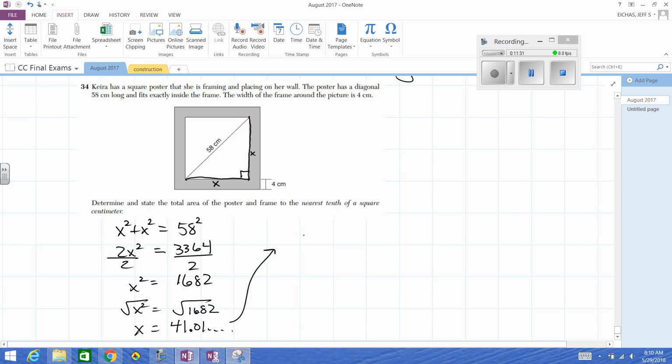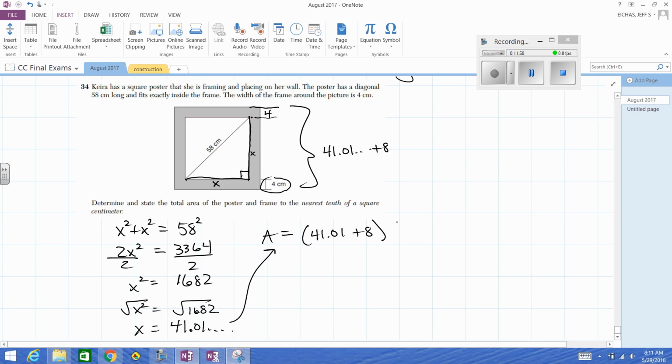Now, the frame. Here's a mistake that a lot of students made. They added 4, but it's 4 to both the top and the bottom. So really we should have added 8. So the length of one full side should be 41.01 plus 8. So we're going to take that 41.01 number plus 8.